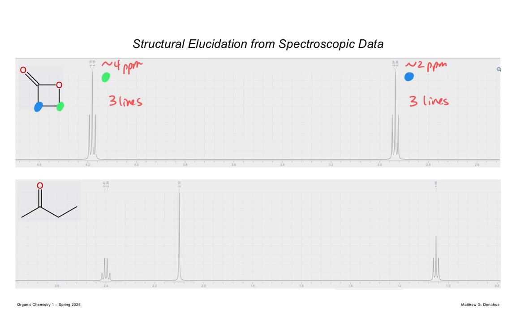So let's go to the ketone and see if we can make some sense of why these signals look different with these line numbers.